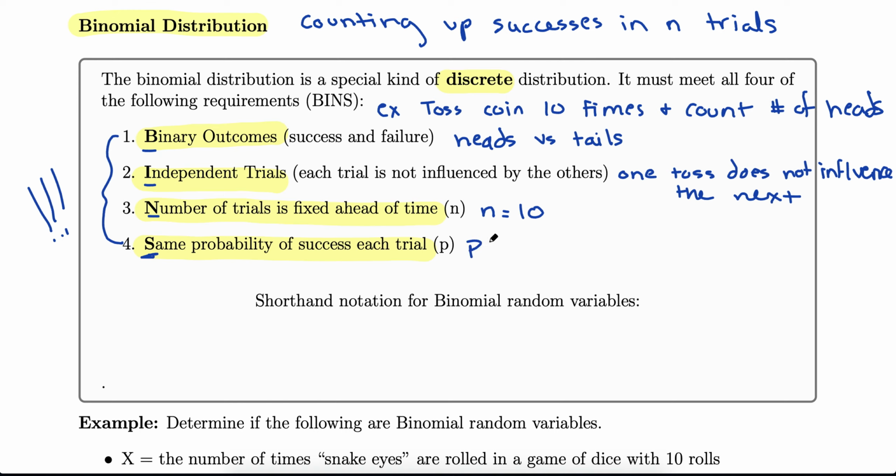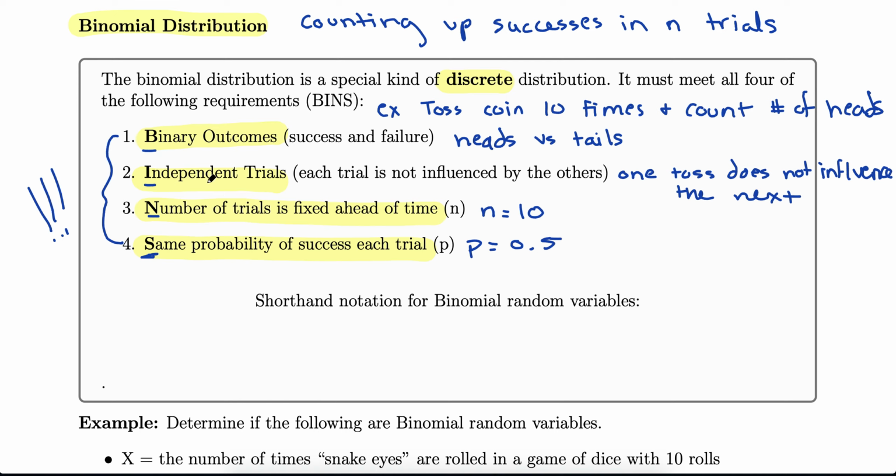In this case, the probability of success is 1/2 or 0.5. By same probability, I don't mean success and failure are both 50-50. I just mean if I toss the coin one time and I've got a 50% chance of success, the next time I toss it, that success stays the same at 50. It's not going to change my chance of success each time I do the experiment. Whatever it is, it stays constant.